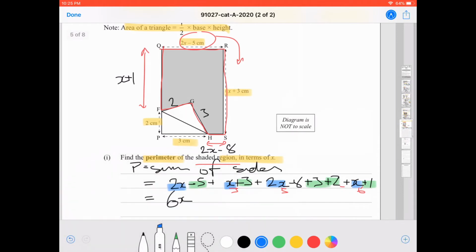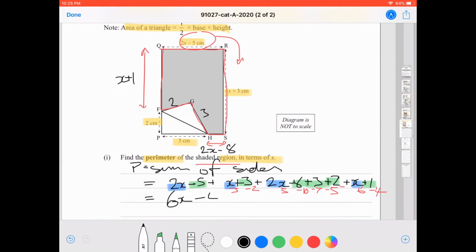Minus 5 plus 3 is minus 2, minus 8 is minus 10, plus 3 is minus 7, plus 2 is minus 5, and then plus 1 is minus 4.